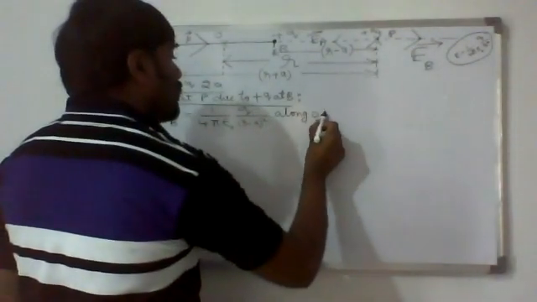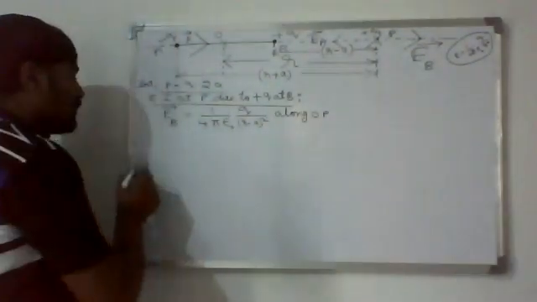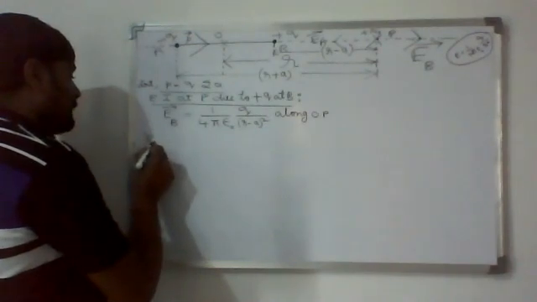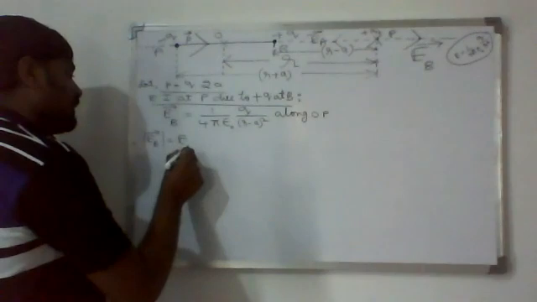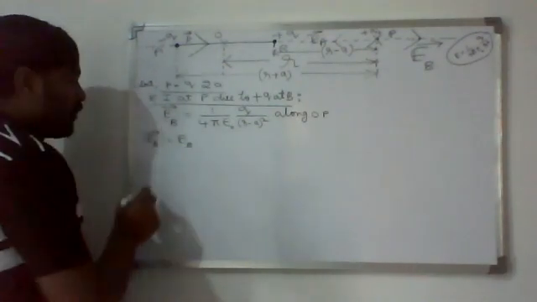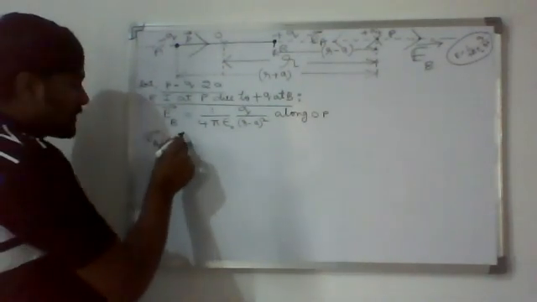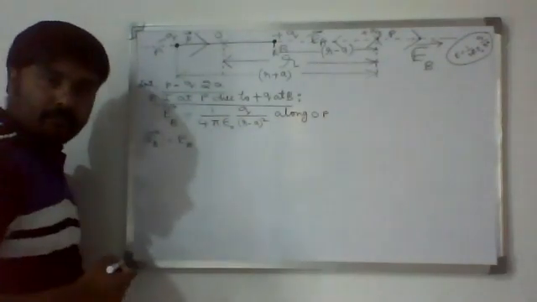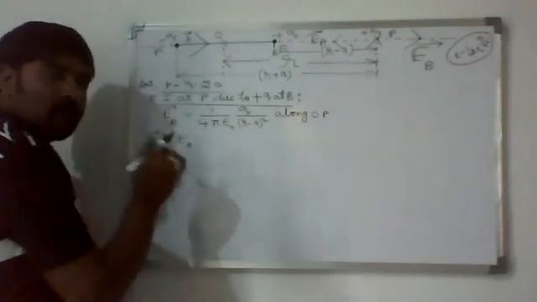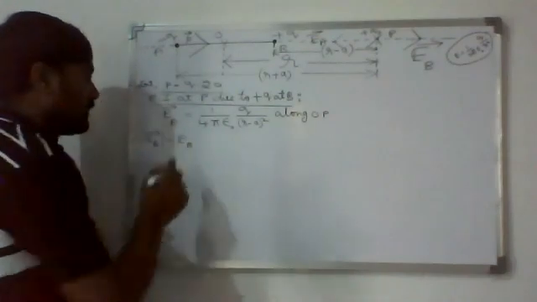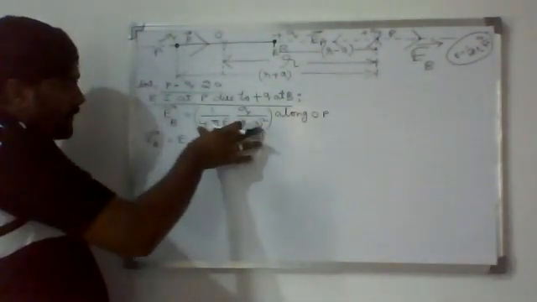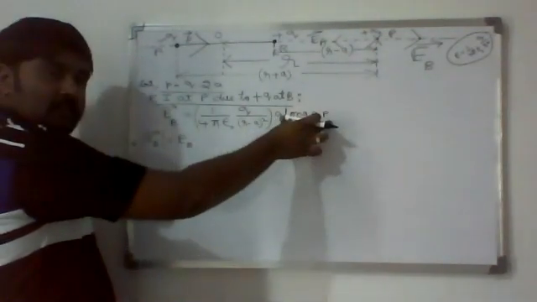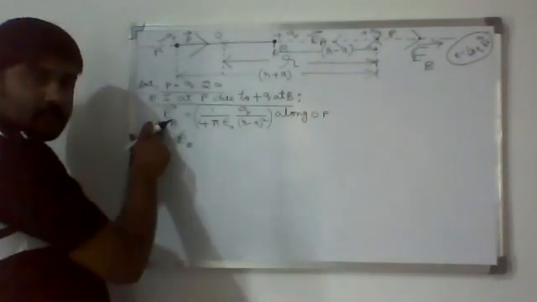This is along OP. Okay, so the magnitude of EB vector is just EB. Now we should not write the vector sign on EB. This is only the magnitude of EB vector, and this is the direction of EB vector.